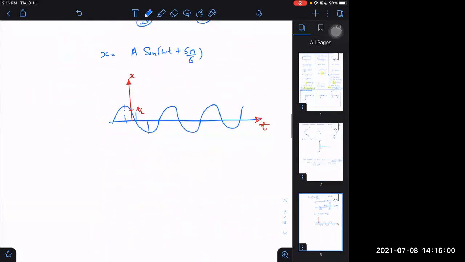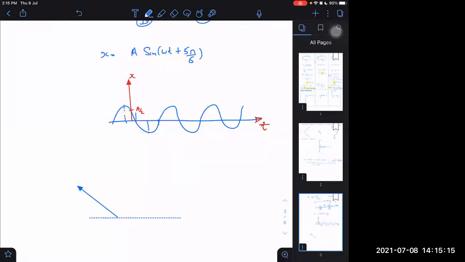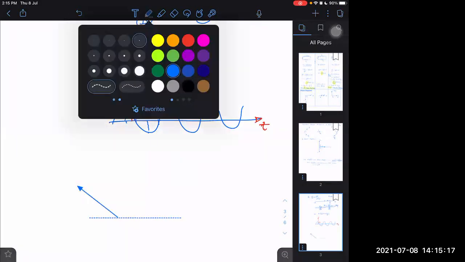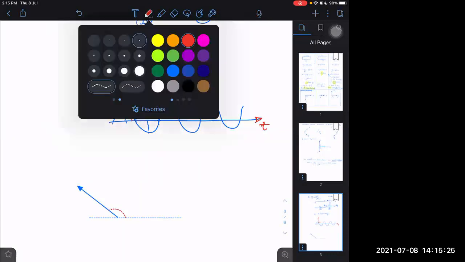In a phase diagram, we represent nothing except phase. What do we have to represent? Two things, phase and amplitude. Circle diagram is also possible, but in our present case, we don't take circle diagram in AC. Mostly we take this, which is enough. How much is this angle? I think 5 pi by 6.